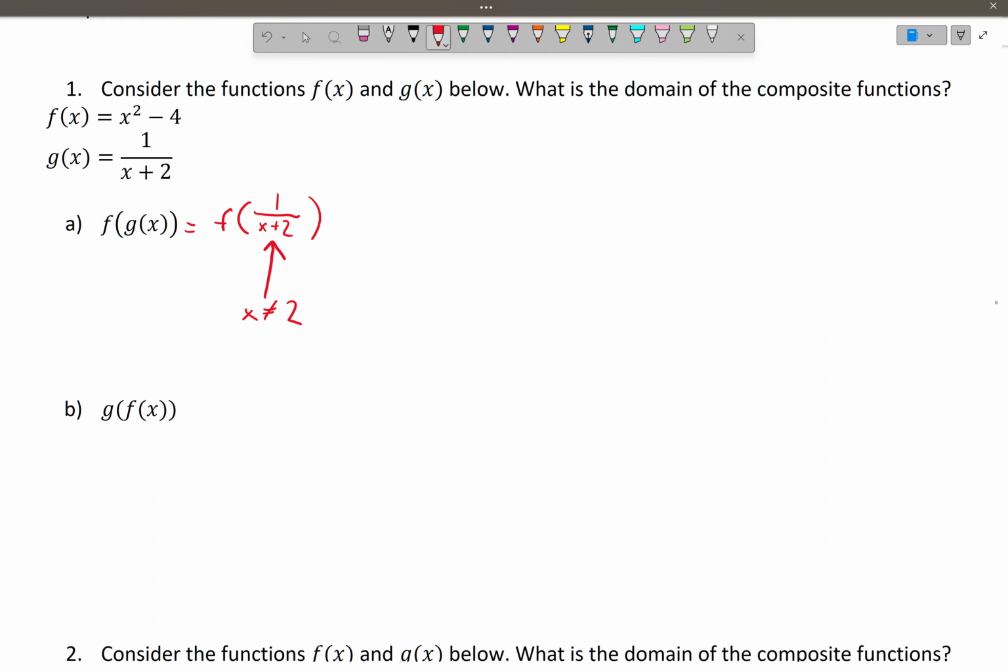Okay, we can continue this now and see if there are any other different restrictions. I don't think there's going to be in this question, but in some questions there might be. So we substitute that in for our x, and then we expand and simplify. So this is going to be x squared plus 4x plus 4 minus 4.